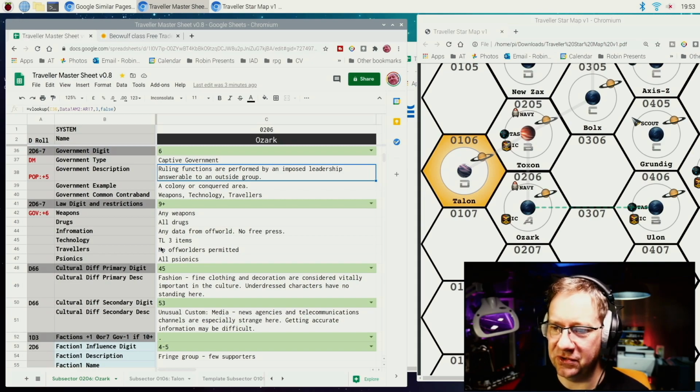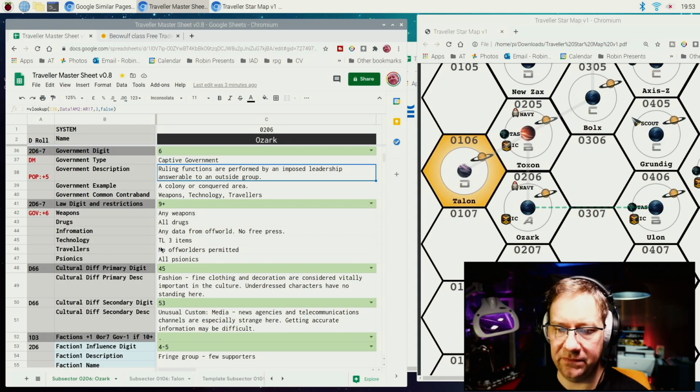But we've got Toxon here, where there are big trading forces, very interested in investment and trade and banking. So maybe they are bankrolling something to do with here. Maybe they helped bankroll the takeover bid on the place and thought, okay, we'll make a land grab, but we'll do it financially by bringing another faction into Ozark to do the legwork for them.